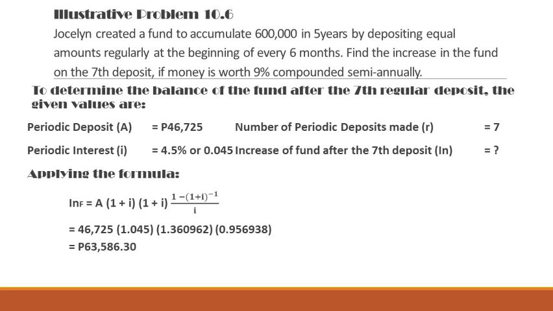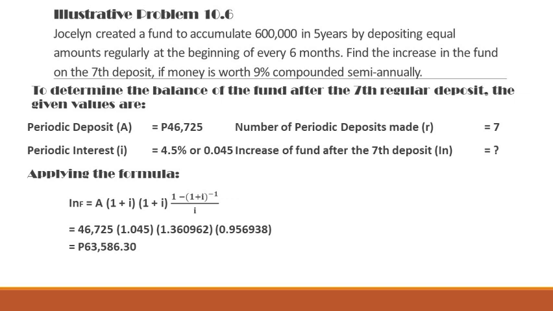In order for us to determine this, the given values are as follows. First is the periodic deposit A, which is equal to 46,725 pesos. Periodic interest I is equal to 4.5%. Number of periodic deposits made, R, is equal to 7. And the increase of fund after the 7th deposit, IN.